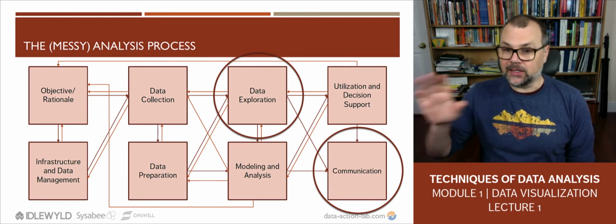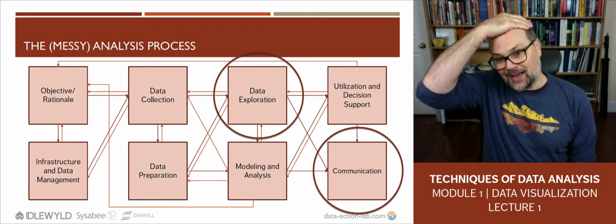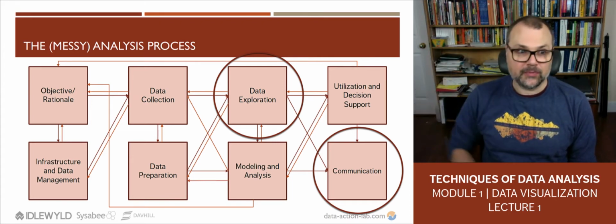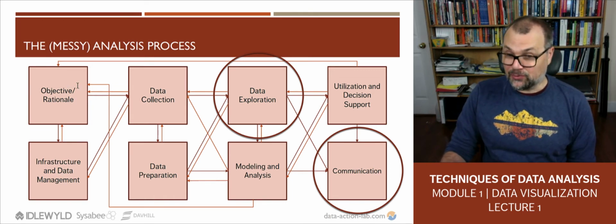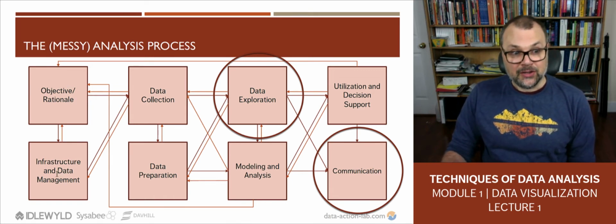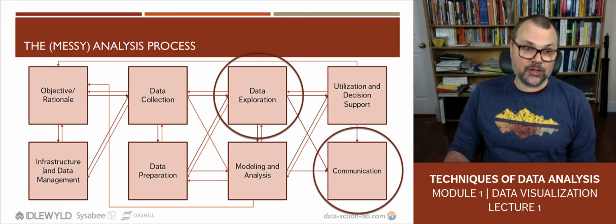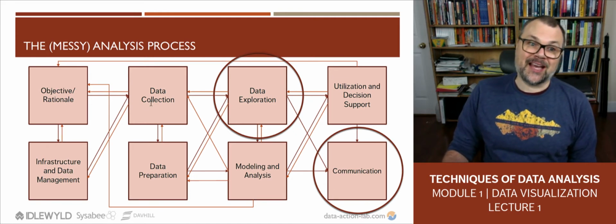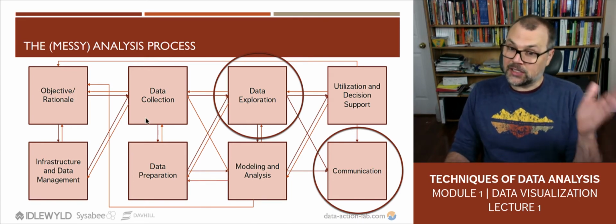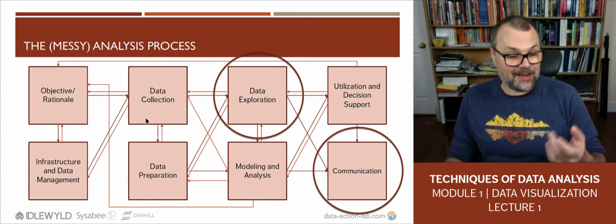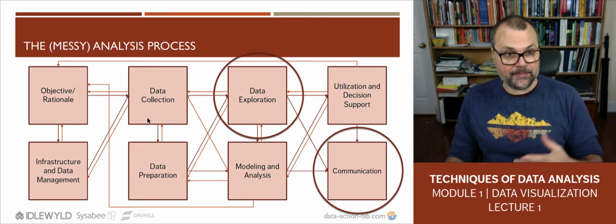Ideally, we set up this sort of analytical method, which is meant to be fairly linear. You set up your objective, which will help you design your infrastructure and data management, and at the same time inform your data collection process. In the old days, this is the part where you come up with a sampling design, a sampling plan.